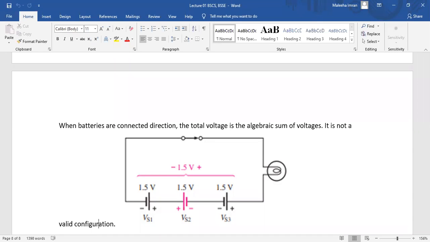The reason is this one, the current flows only in one situation, when the cathode of one cell is connected with the anode of the other one, so no current will flow. So what will be the resultant voltage in this situation? इस वक्त में आपकी रिजल्टेंट वोल्टेज जो है वो क्या होगी?